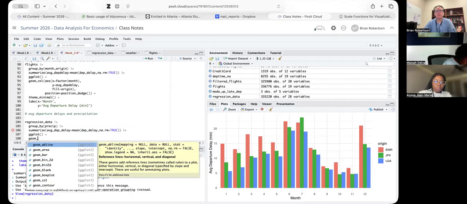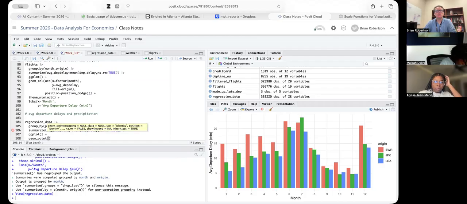Whenever we're looking at the relation between two variables, we almost always want to use a scatter plot, because that's going to show us visually if there is a relationship. So we're going to do a geom_point, aes, and I want to do x equals precip, y equals average depth delay. I don't like the underscore here. This bothers me. Get rid of that.